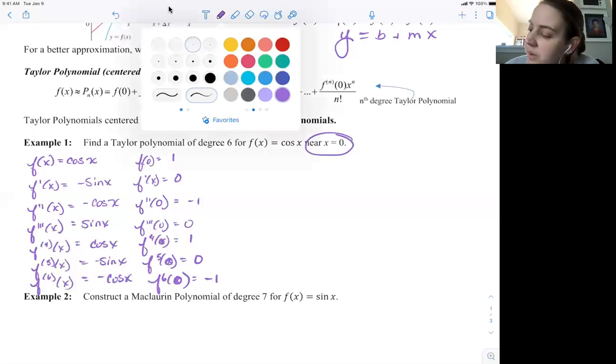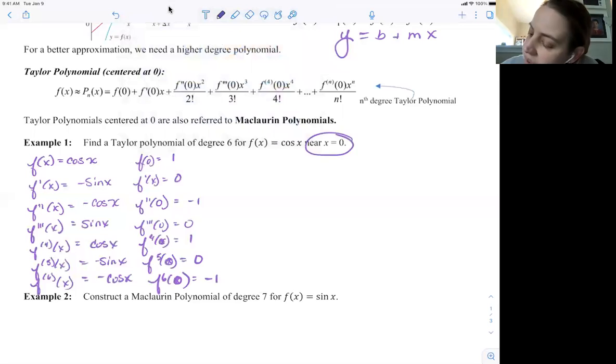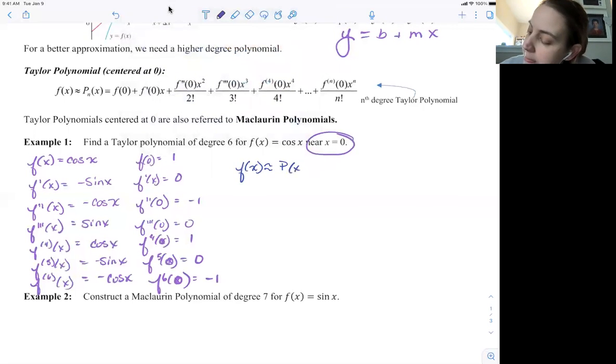Now into my polynomial. So f of x will be approximately my 6th degree Taylor polynomial. We are going to say f of 0, which we figured out is 1, plus the first derivative at 0, which is 0, times x over 1 factorial, which is just 1, so we don't really write it.